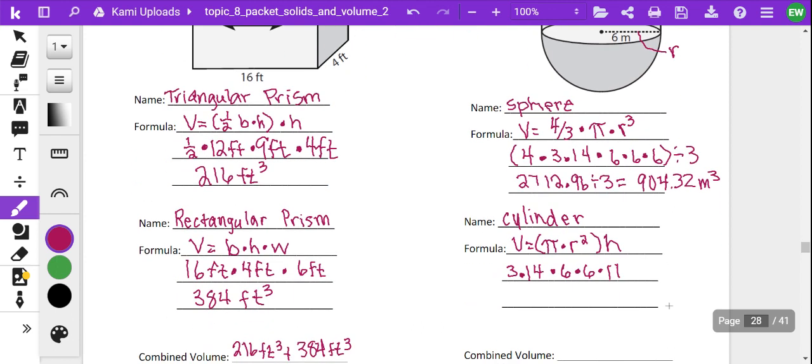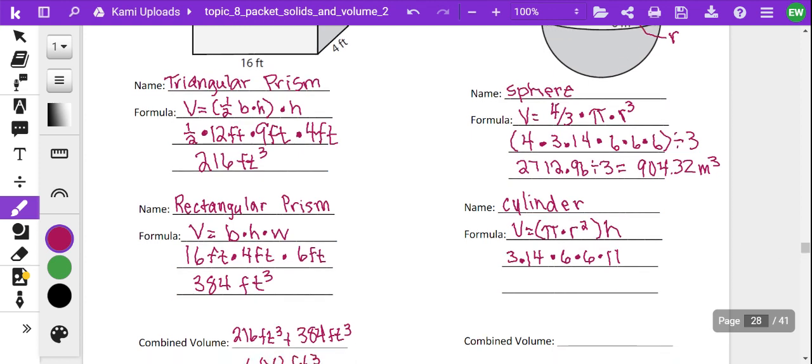Let's go ahead and get that in our calculator. 3.14 times 6 times 6 times 11 is going to give me 1,243.44 meters cubed.